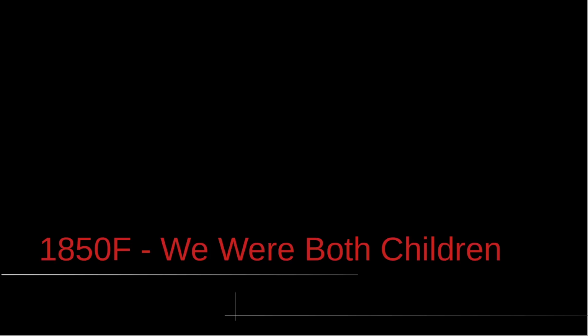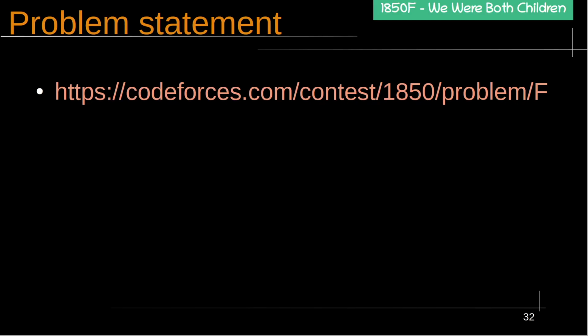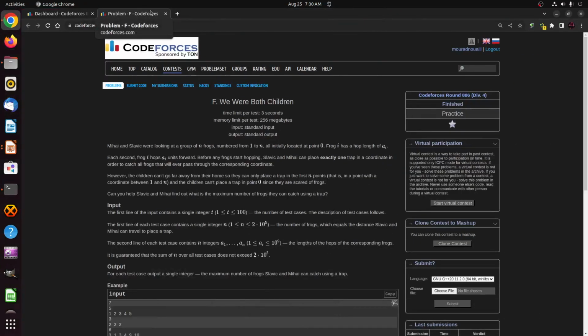Problem F, We Were Both Children. The problem statement says that Mihai and Slavic were looking at a group of n frogs numbered from 1 to n, all initially located at point 0.